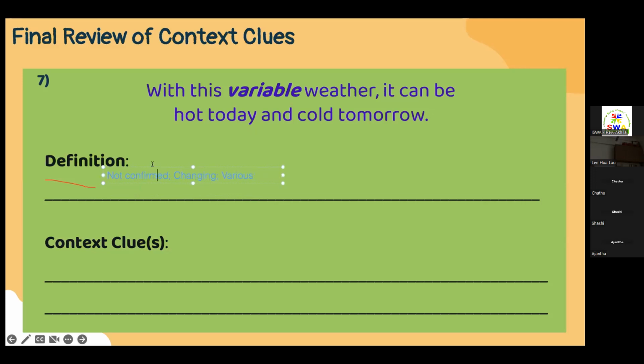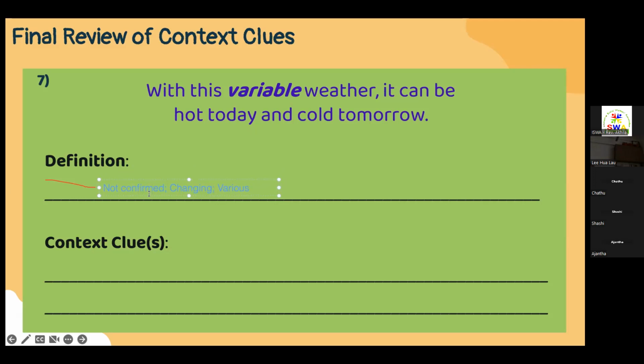All right. Okay, so that's variable, right? How do you arrive at this, why do you think that variable is not confirm or changing? What part in the sentence tells you, or what words are important here? So these sentences have a small logic. It is cold or hot.